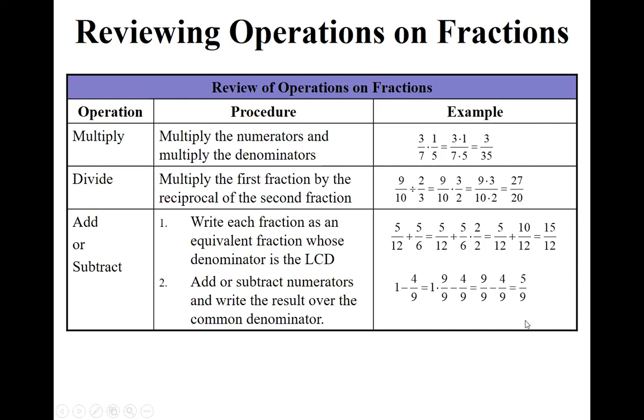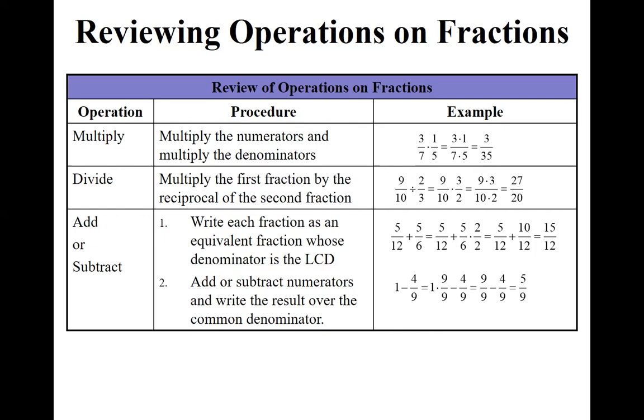So we know our operations, and we know the order of operations. Let's apply our operations on fractions to the order of operations process. When we multiply fractions, we multiply across the top and multiply across the bottom. When we divide, we keep, change, flip.